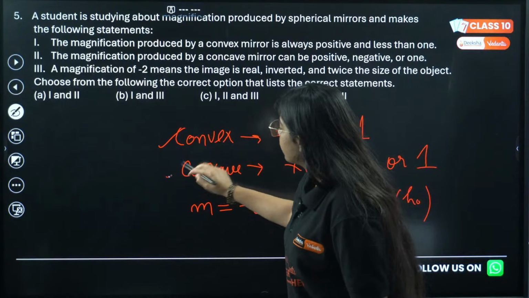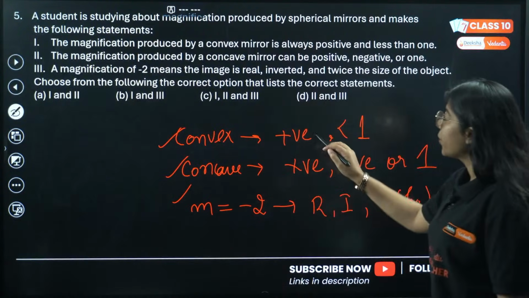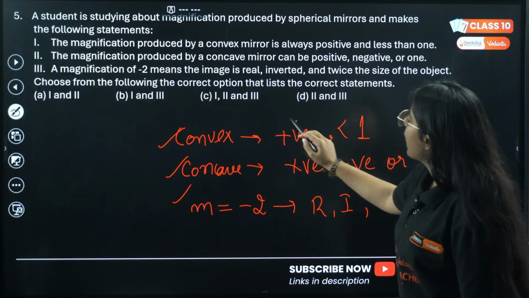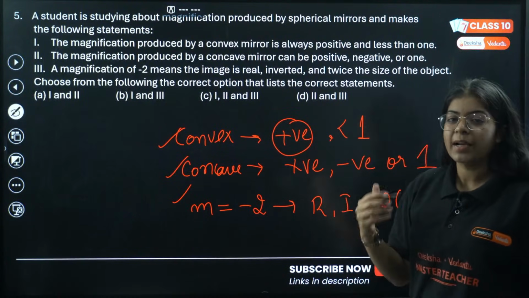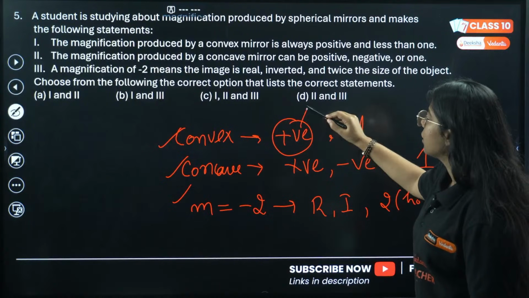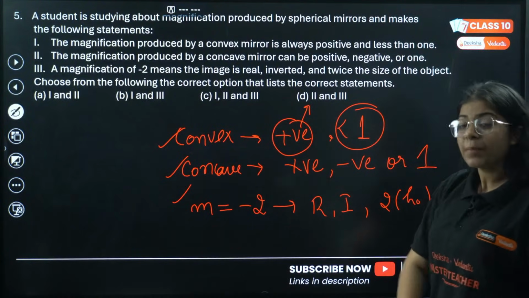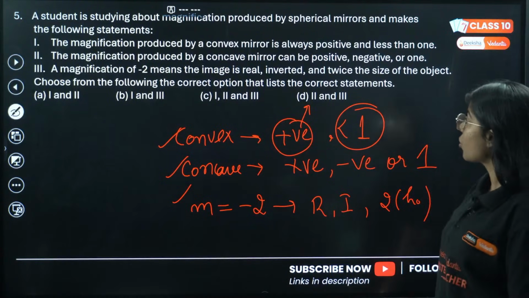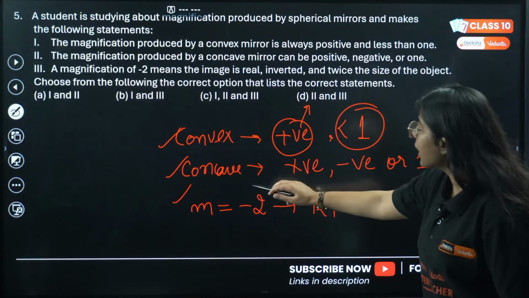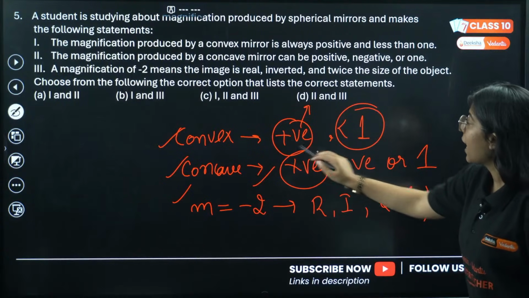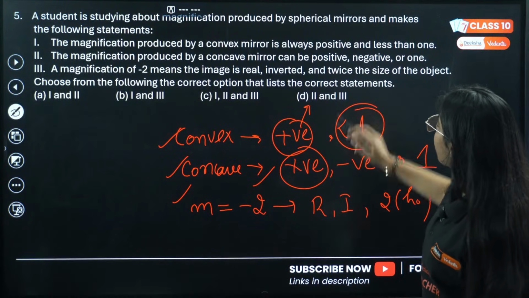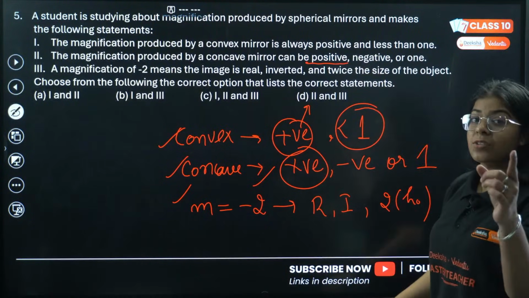All three are true. Convex mirror always produces virtual and erect image, so magnification is positive, and it always forms diminished image, so magnification is always less than 1. Concave mirror can have positive magnification for the virtual case.